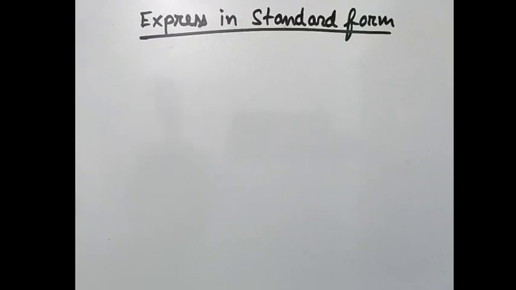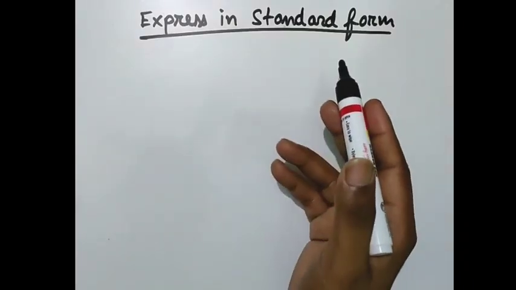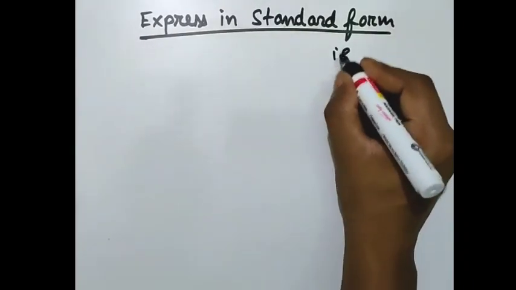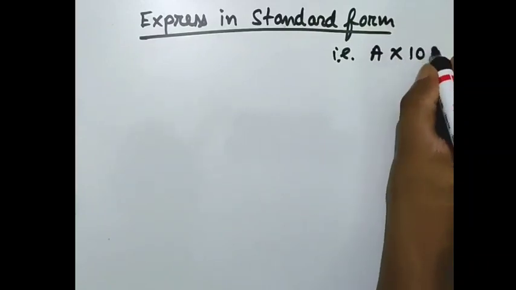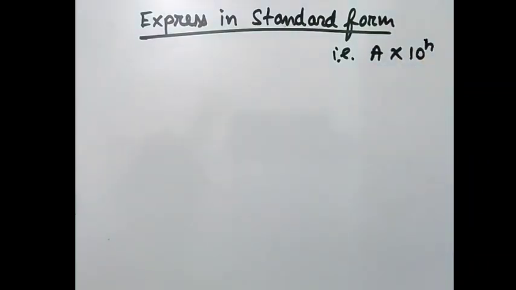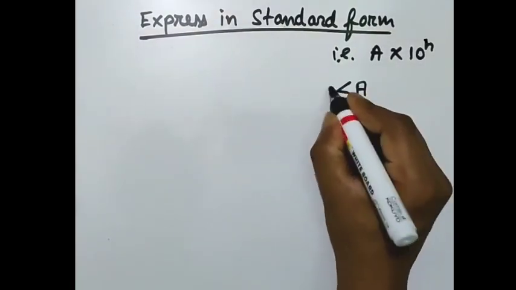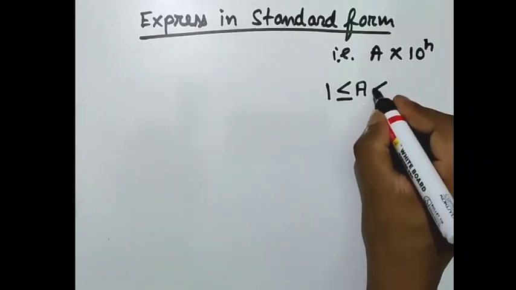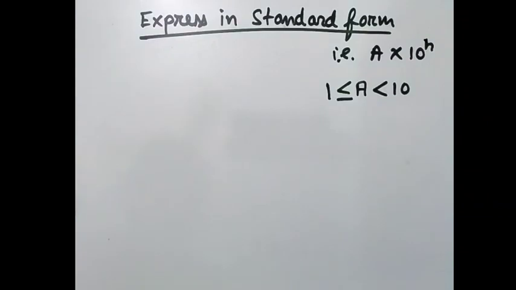Now let's look at some examples on how we can convert any number into the standard form, that is, in the form of a times the power of 10. Now remember, a is greater than or equal to 1 and should be less than 10 but not equal to 10.